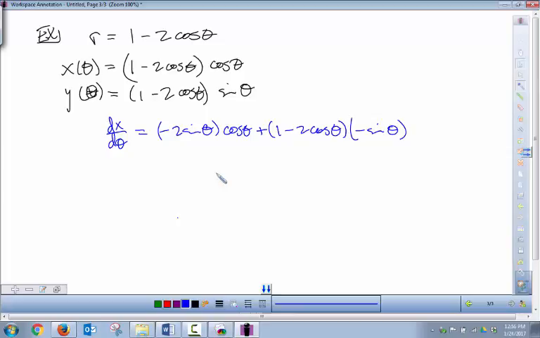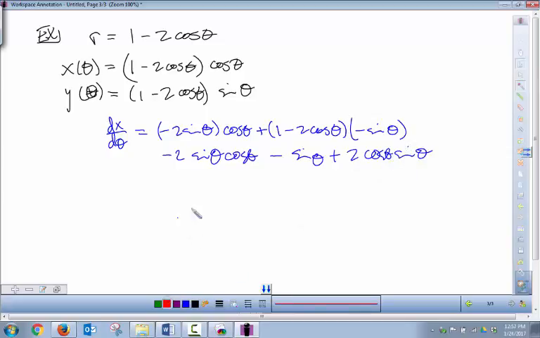I usually don't care about simplifying, but it might be a good idea to simplify things if you're going to try to put it together and continue to work with it. So I have a negative 2 sine theta cosine theta. I have a 2 cosine theta multiplied by negative. Maybe I should multiply this out first. Minus 2 sine theta cosine theta. And then distribute. That would be a minus 1 times sine theta. And then a negative negative is a positive 2 cosine theta sine theta.